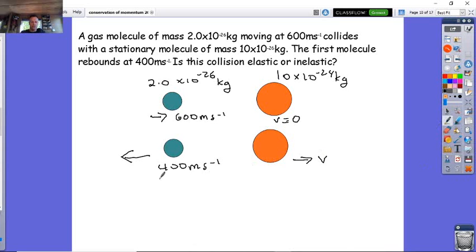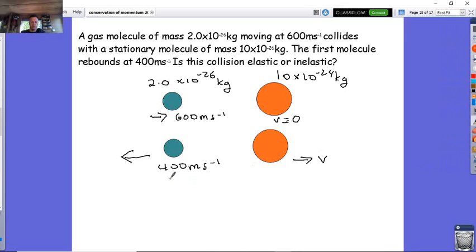So the first thing you've got to do is apply the principle of momentum. So we're going to say the total momentum before is simply going to equal the total momentum afterwards. And you always write this down at the beginning of your questions.